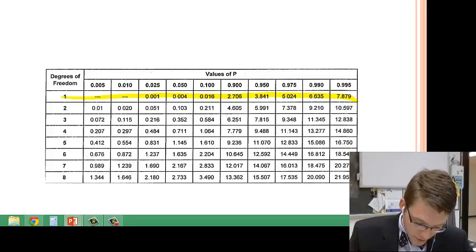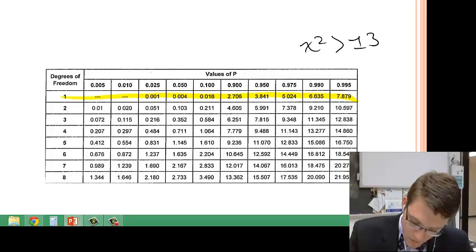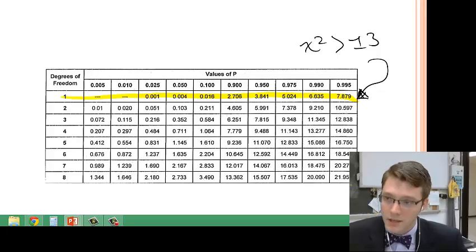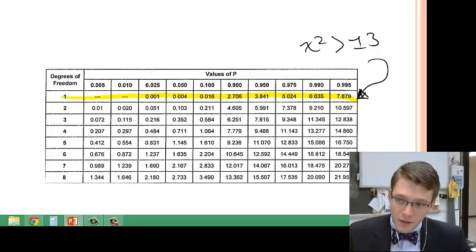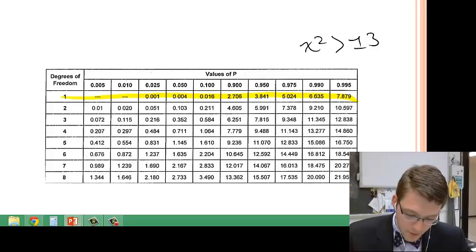And our chi-square value, if you'll remember, was well over 13. And since the highest value in a single degree of freedom on the table is 7.88, we know that our p-value would be rightward of 0.995.